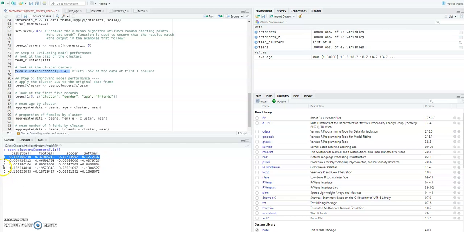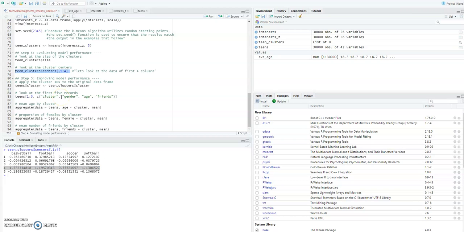But if you take a look at the fourth cluster, you will see that it seems to have higher values for each of these sports categories, which means that the fourth cluster seems to have clustered people with more interest in sports.